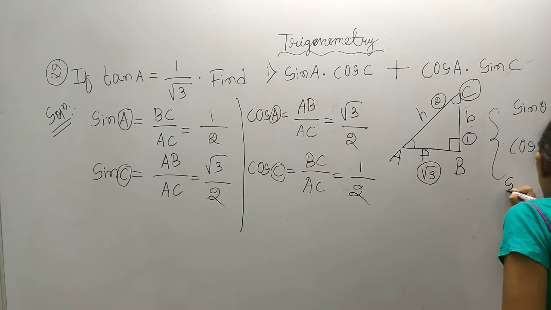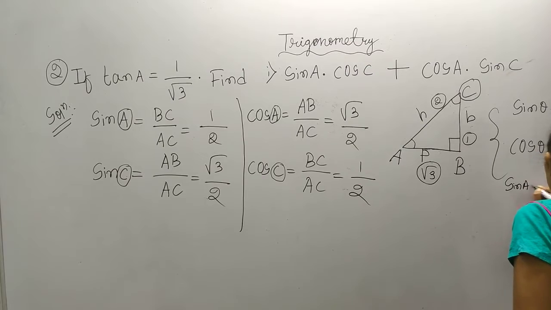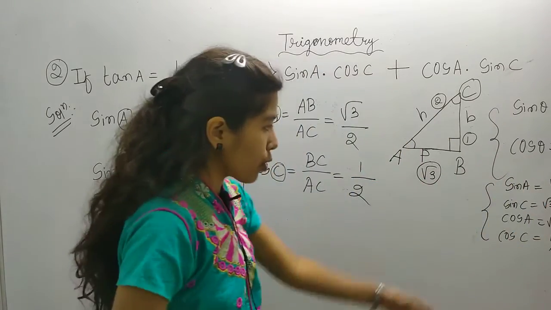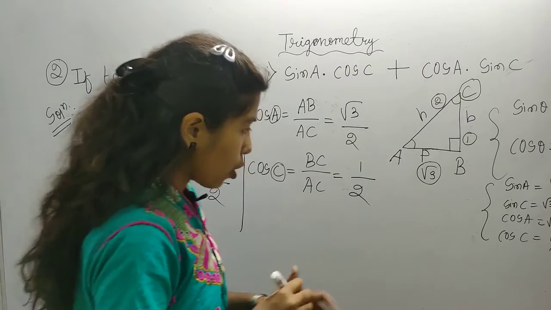So write sin A equals 1 by 2, sin C equals root 3 by 2, cos A equals root 3 by 2 and cos C equals 1 by 2. So we found these 4 values. You can note that in your notes. No problem.